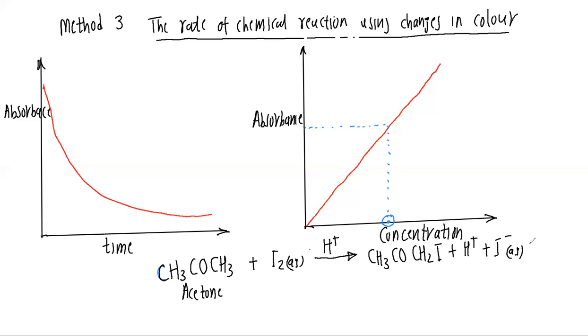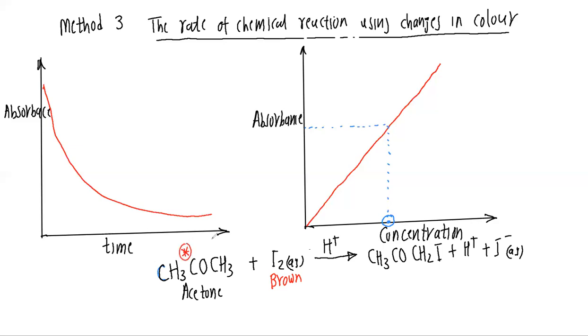Just see that in this reaction, mainly the iodine, which is typically brown in color, starts getting consumed as the reaction proceeds. As the concentration of the reactant starts decreasing, you people have rightly guessed, the color will start fading, because all the other reactants and products are colorless.